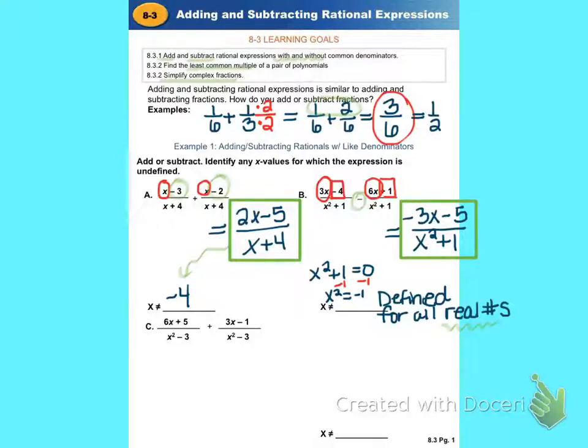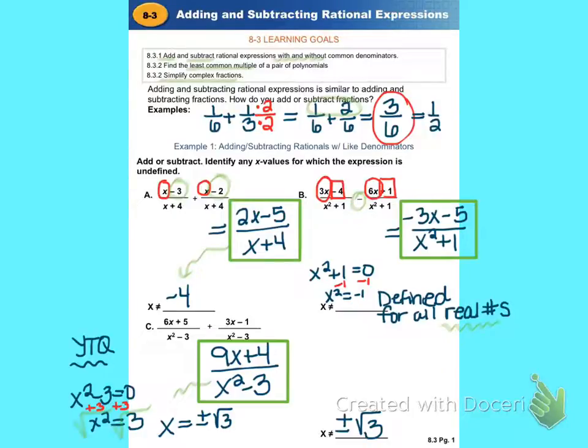So let's go ahead and make C a you-try question. And this one is an addition, so this one should be similar to example A. So go ahead and pause the video now and add the fractions in example C. All right, so thanks for trying that example.